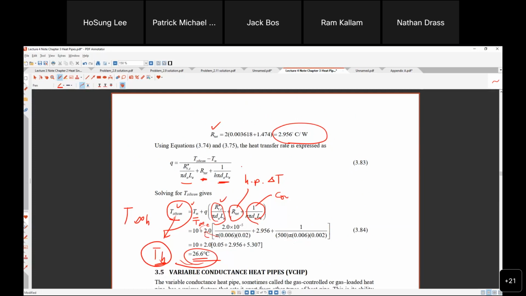So I think now I'll assign the homework. I'm going to give a little weight to the homework: 3.1, 3.3, 3.4.